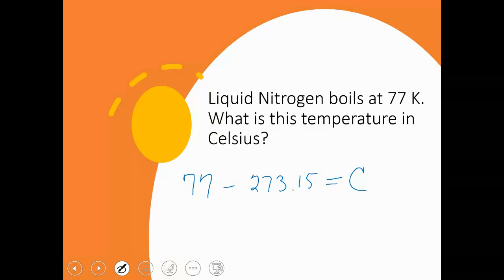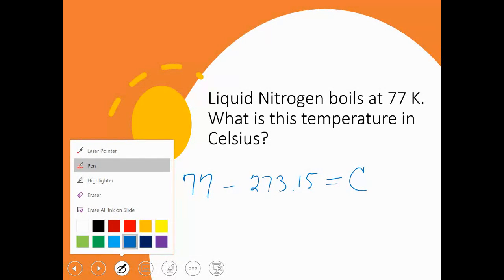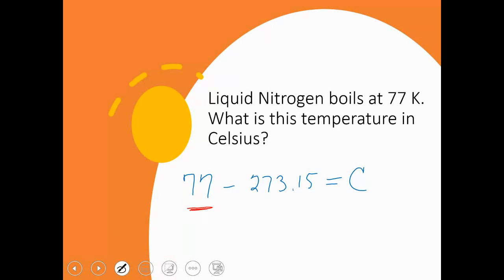Now, when I subtract this, I'm going to follow those sig fig rules. Remember, here I only have a tens and a ones place. We really didn't do a lot with sig figs yet, but we will soon. And so in my answer, I'm only going to keep my answer to the ones place. I don't know the tenths and hundredths for the original temperature, so I'm not going to keep tenths and hundredths in my answer.